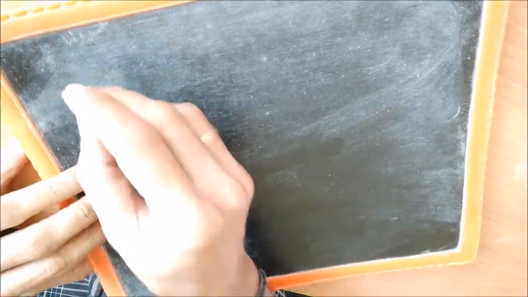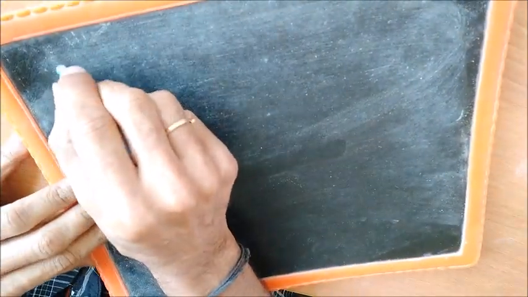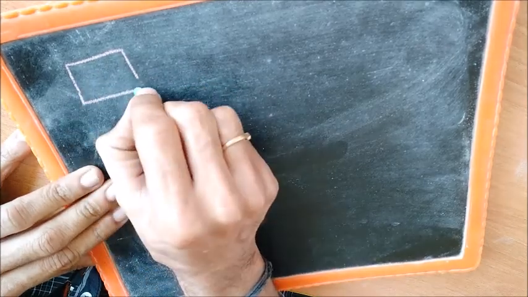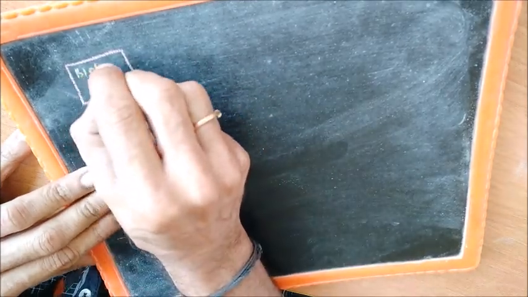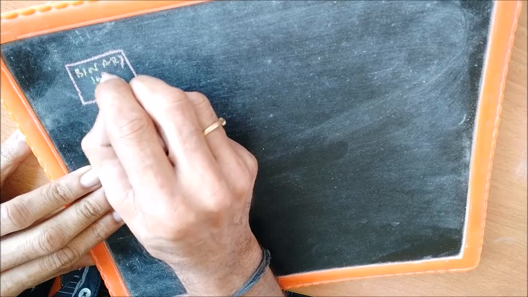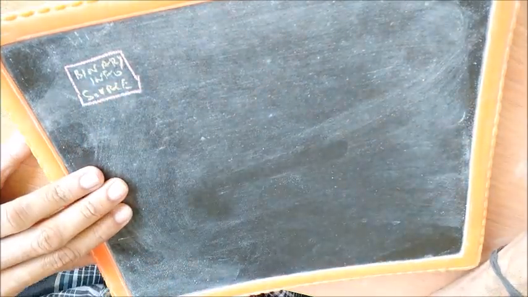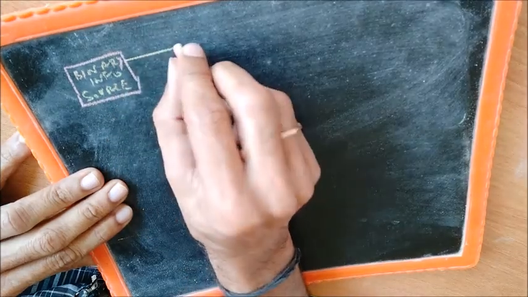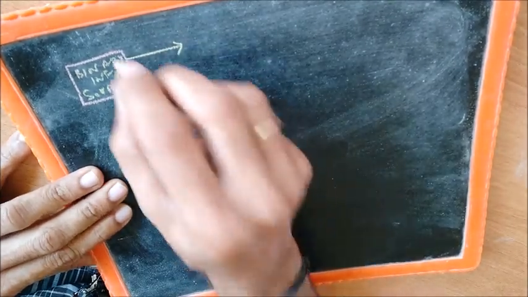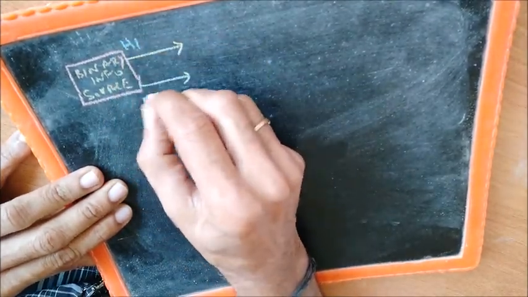In this case, we will stick to a binary information source, which will be our hypothesis source. And being binary, there will be only two hypotheses, either H1 or H0.